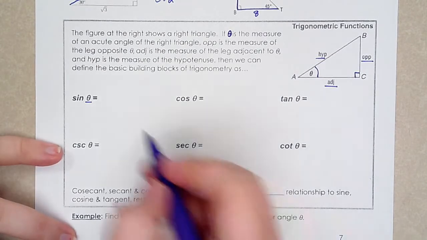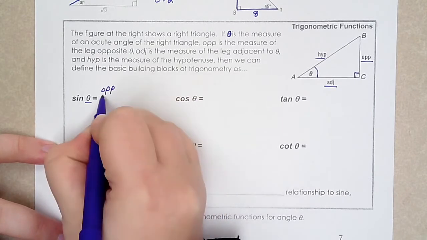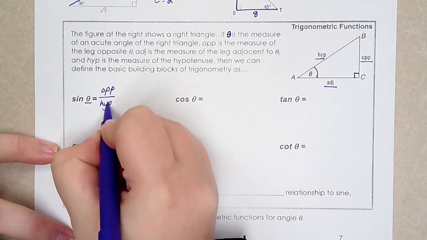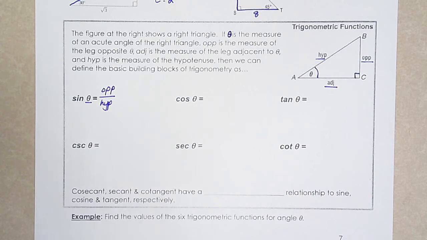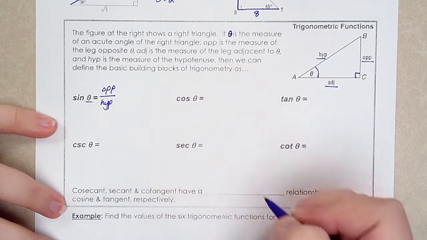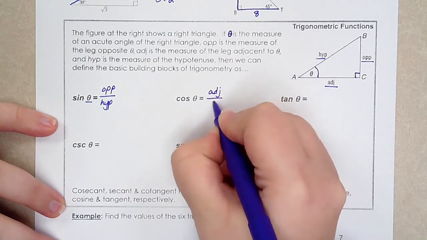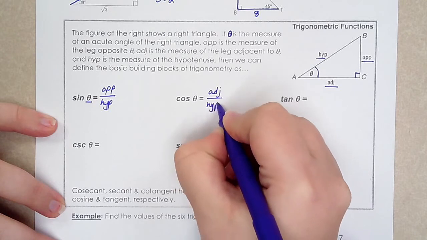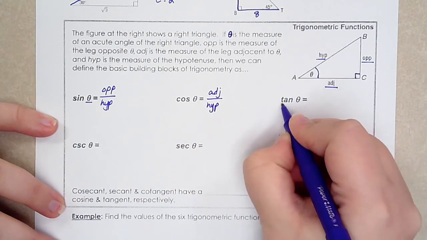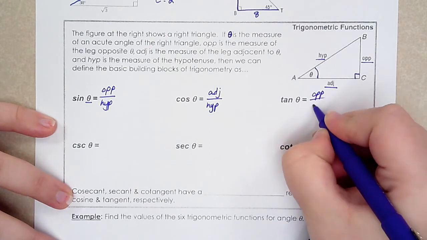So sine theta is always going to be equal to the opposite side divided by the hypotenuse. Cosine, C-O-S-I-N-E, cosine theta, is always going to be adjacent over hypotenuse. And tangent, T-A-N theta, is always going to be opposite over adjacent.